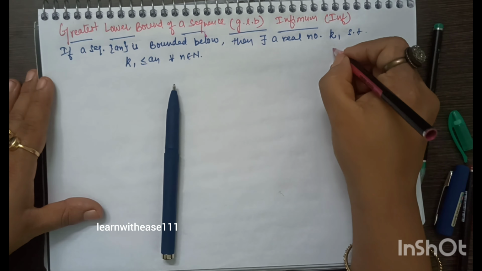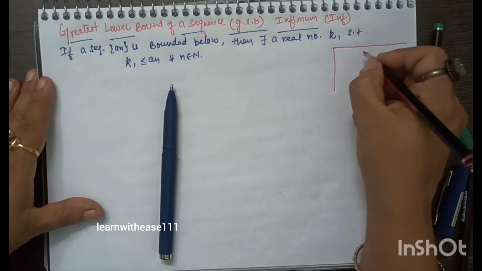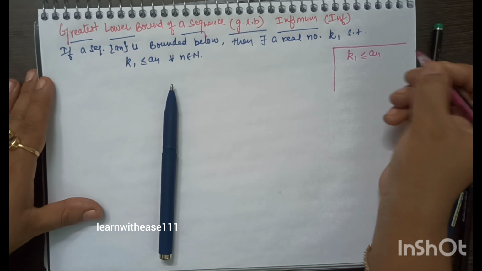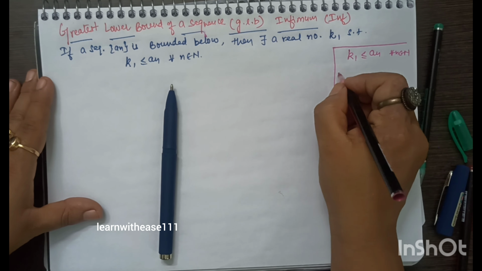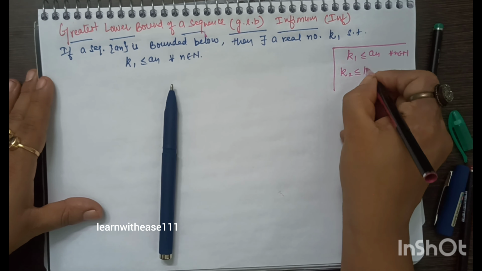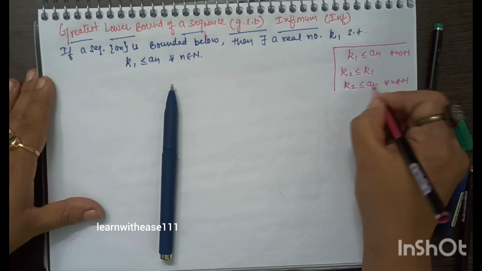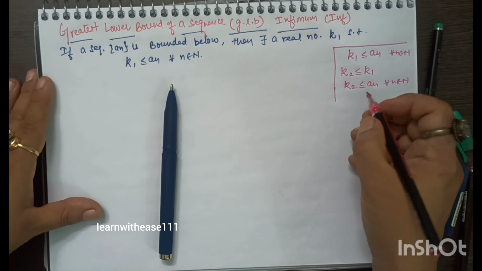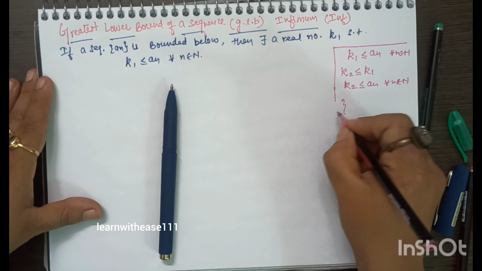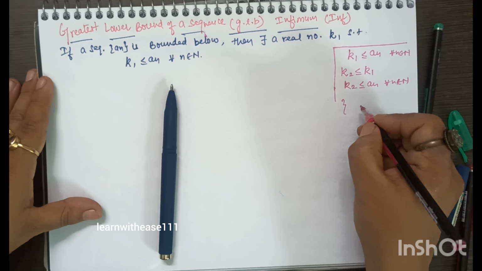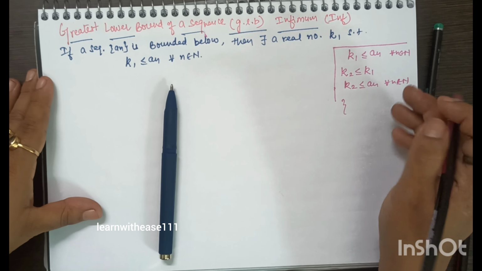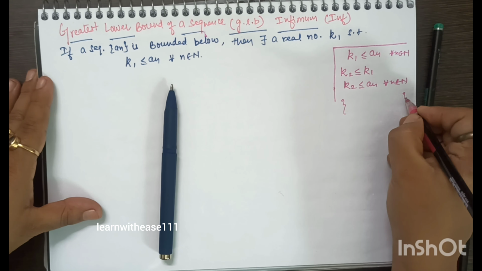Since every term of the sequence is greater than or equal to a particular value k1, if I choose a number k2 less than k1, then combining these conditions, k2 will always be less than or equal to a_n also. So that means k2 is also serving as a lower bound of the sequence, right?